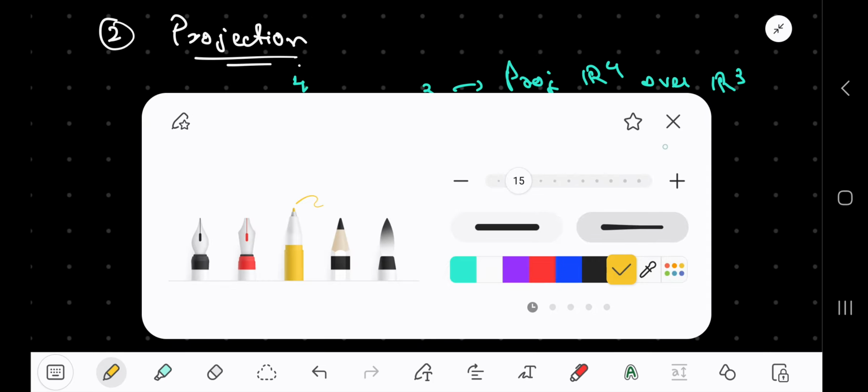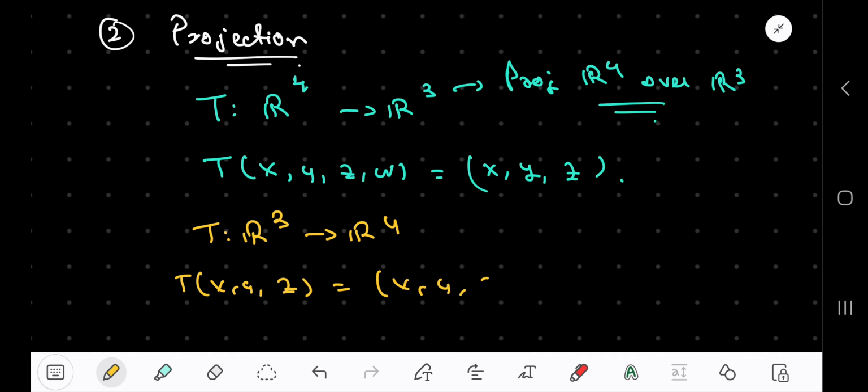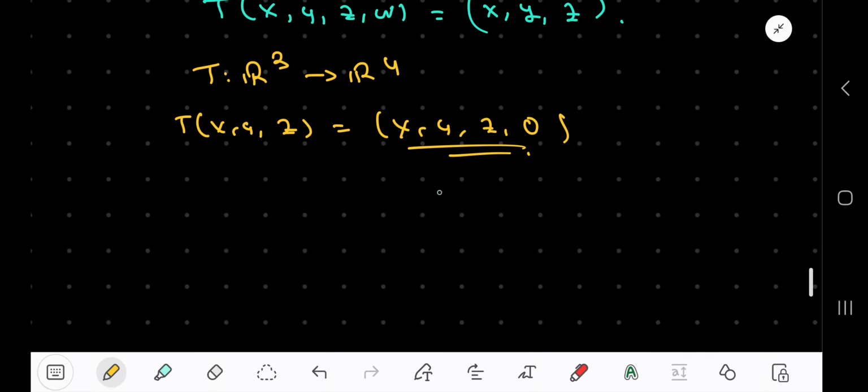I can also invert this map in this way, such that I take (x, y, z) and map it to (x, y, z, 0), making the fourth coordinate 0. This is what we call an inclusion, including a lower dimensional space inside a higher dimensional space.